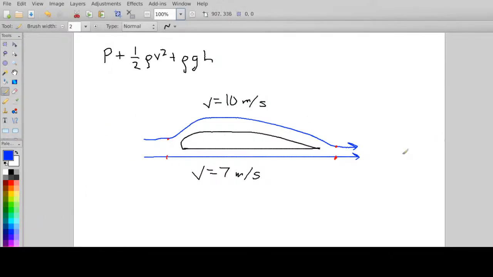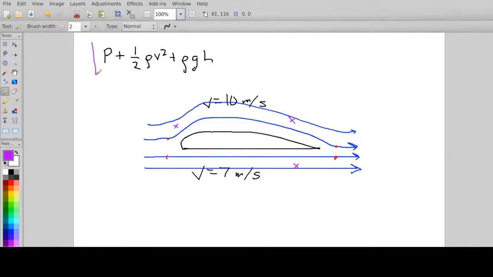Now I only drew two little blue lines there, but there might be more fluid flowing here, and fluid flowing like that. You could pick any point you like, this point, that point, or that point, whatever points you pick. If you calculate this quantity, it gives you the same number. So it's the same value everywhere in that fluid.